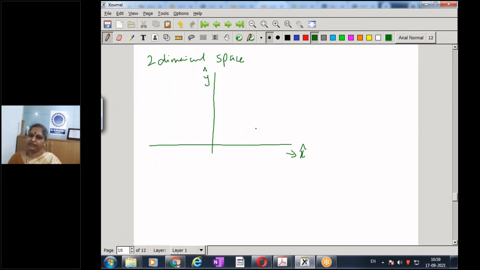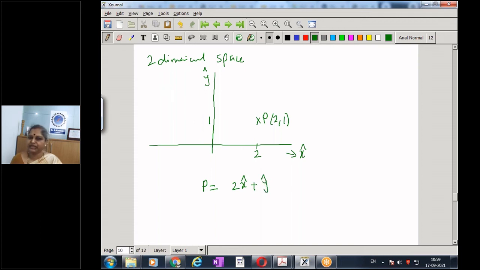I am taking a two-dimensional space, and in this space, let us say I have a point P here, and let us say this value is 2 and this value is 1. So this is represented as P (2, 1), or I can also write P as 2 times x hat plus 1 times y hat.